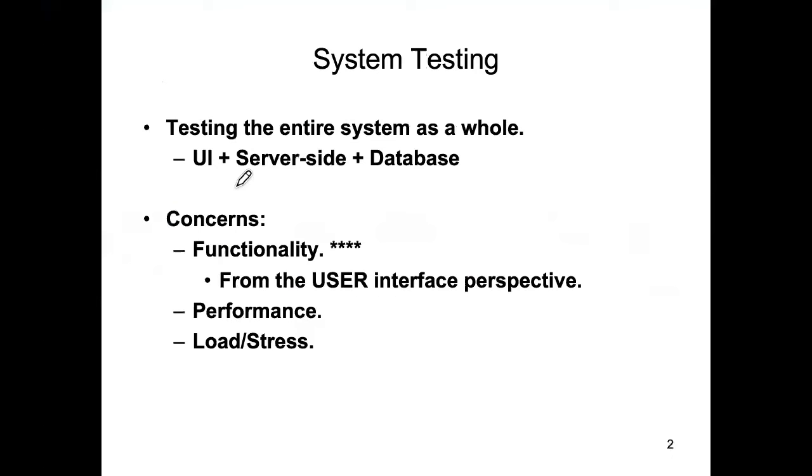Right. So we're doing system testing or application testing. Now we tend to refer to it as end-to-end testing. In system testing, you're treating the entire application as an entity, where the entire application is probably made up of these parts: user interface, server side, database, but you're not really interested in the internals.